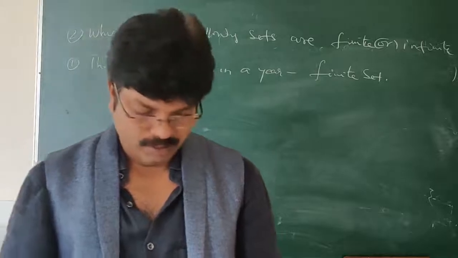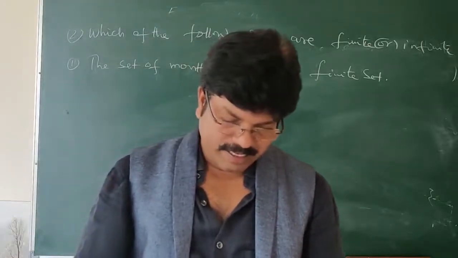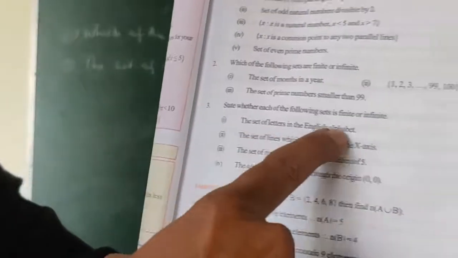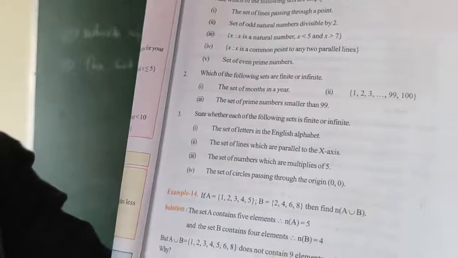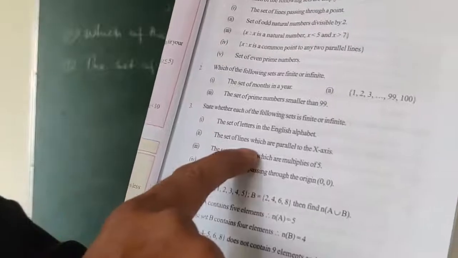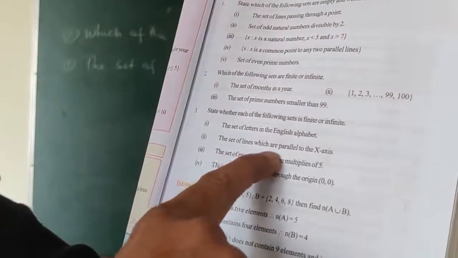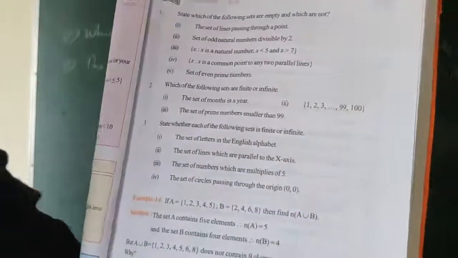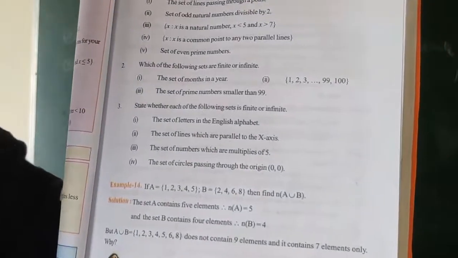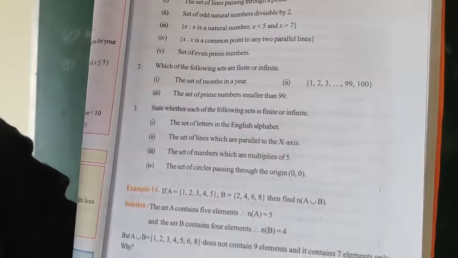Third one, the set of letters in the English alphabet. Yes, we can count that. 26, A, B, C, D. Finite. The set of lines which are parallel to the x-axis is infinite.